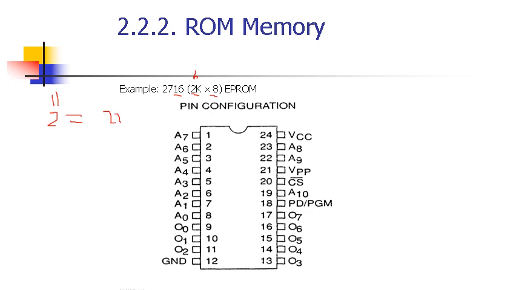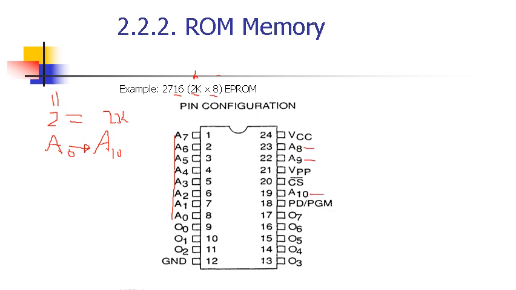So we should have address pins labeled from A0 to A10. Here you are, A0 through A7, 8, 9, and 10.